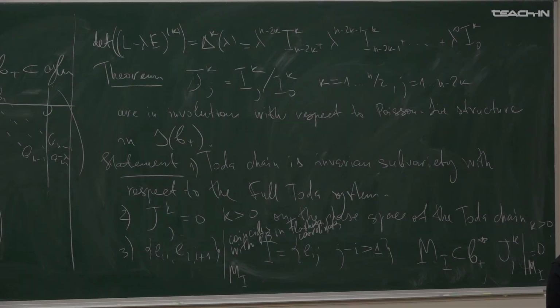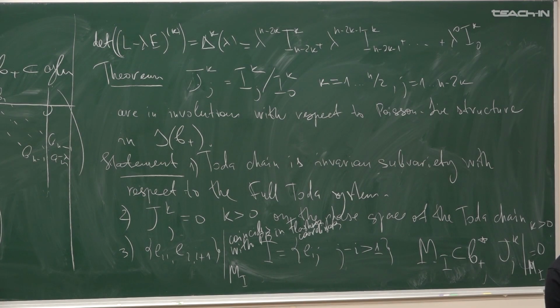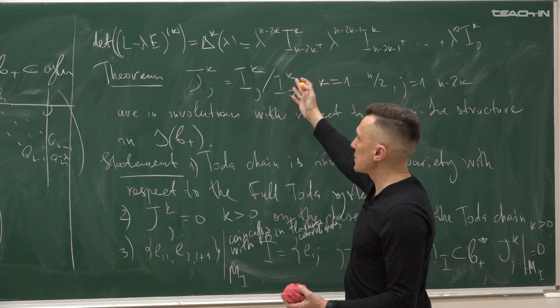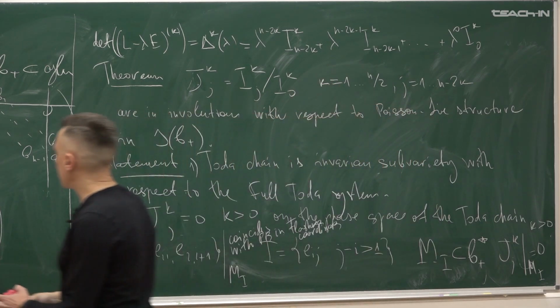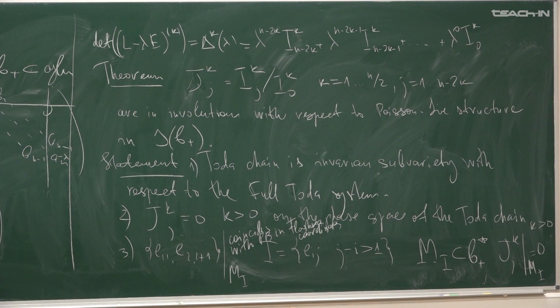Next, I suppose you remember what is the Gelfand-Tsetlin approach. Some of you. Okay, but I will recall. I will describe. So now I'd like to demonstrate this theorem, and I need some algebraic stuff.